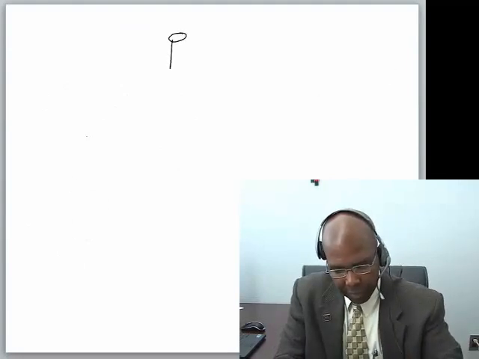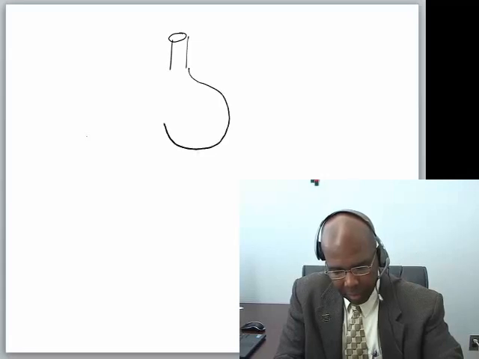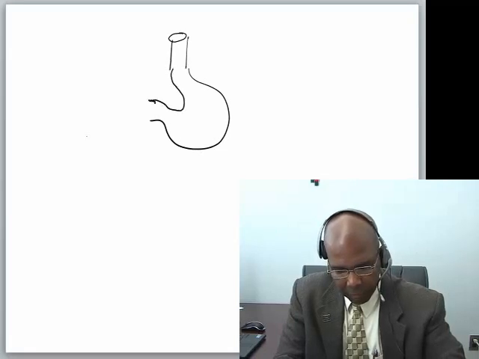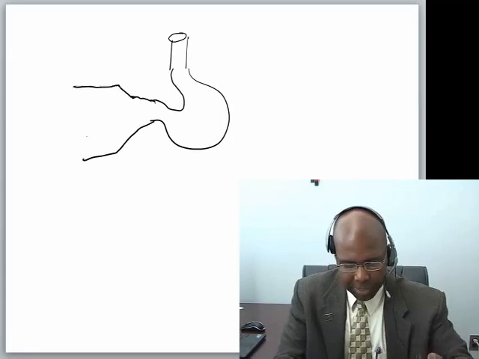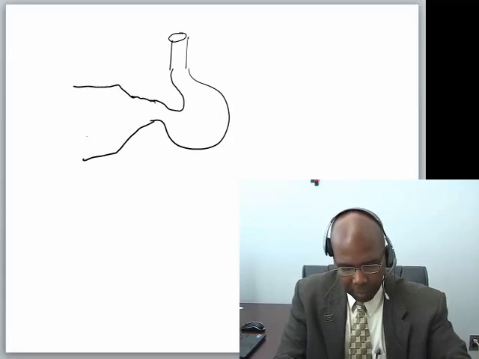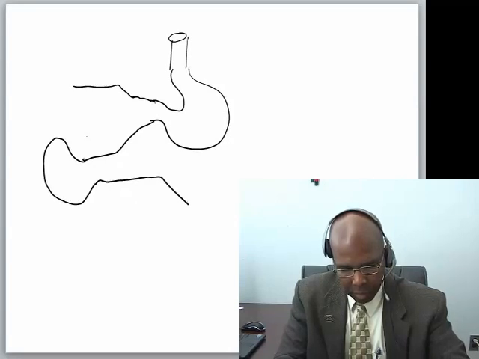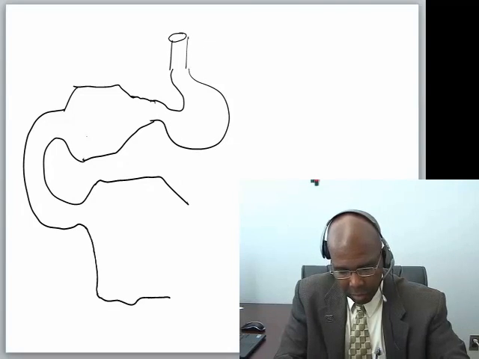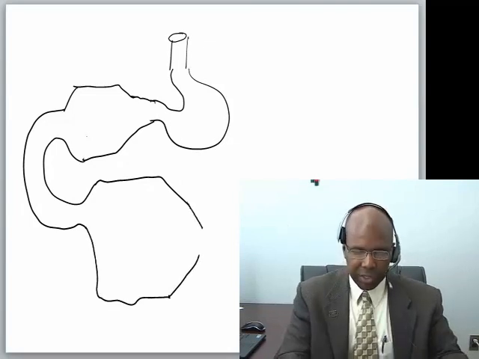This is the esophagus here, and then this is the stomach. This is our small intestines right there, and we'll make this one bigger. This would be our large intestines.